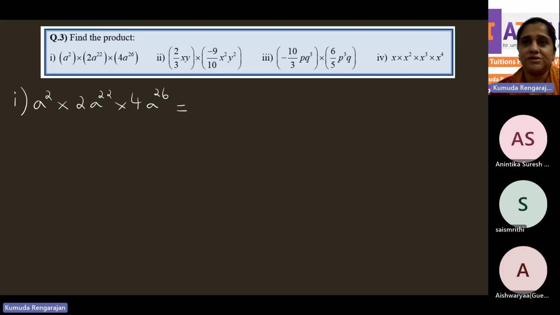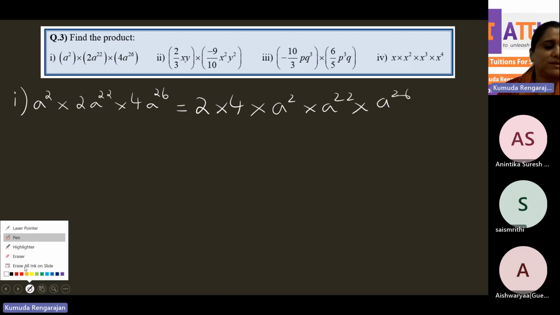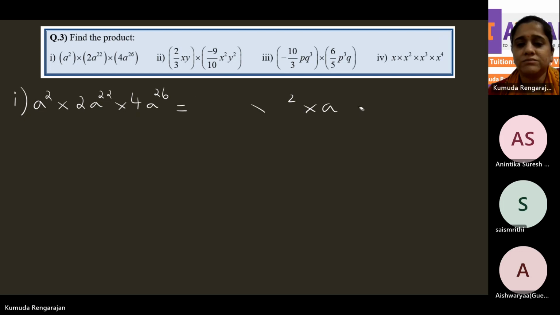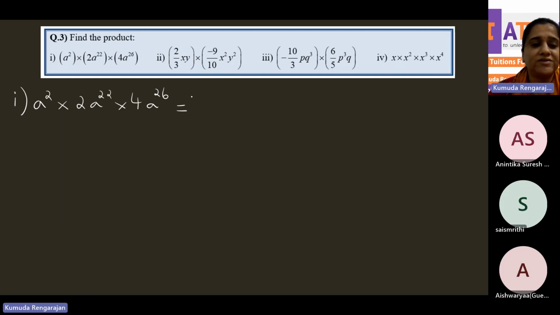Okay, so this step is optional, children. You can write 2 into 4. Like you can just collect the numbers and write it first, and then a square into a to the power 22 into a to the power 26. It's a product everywhere. It's multiplication everywhere, no? See, you can give more steps. Like you can write a square into 2 into a to the power 22 into 4 into a to the power 26.